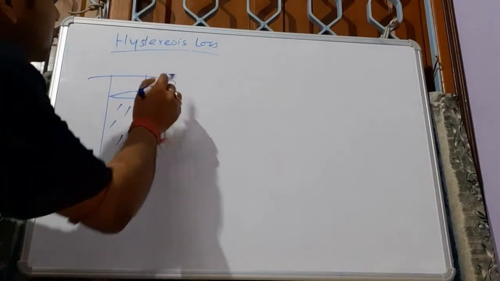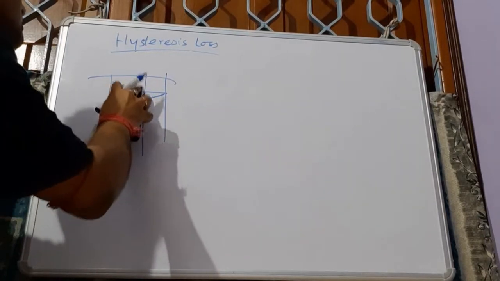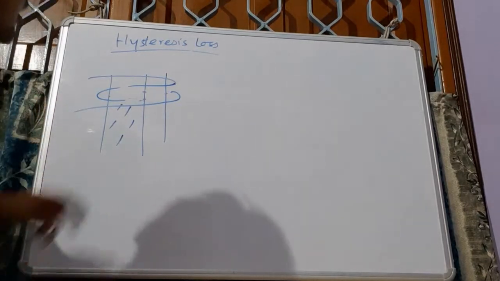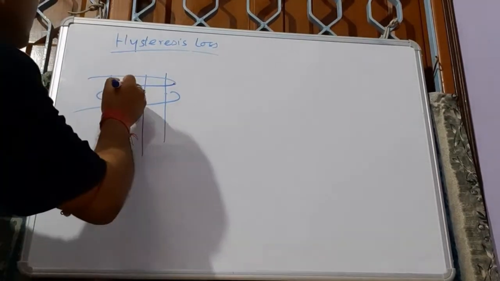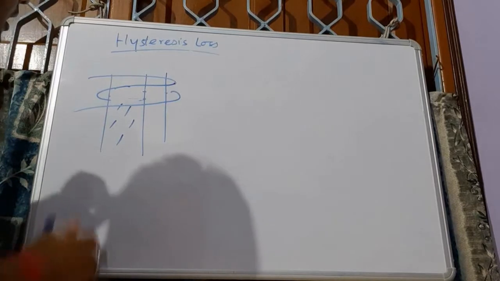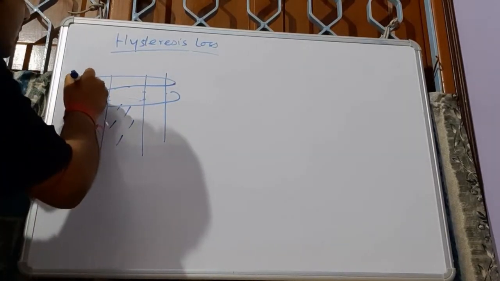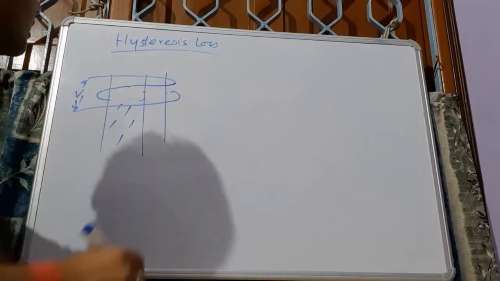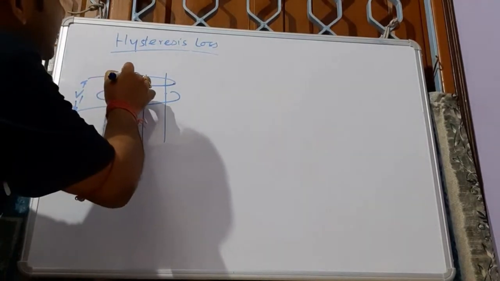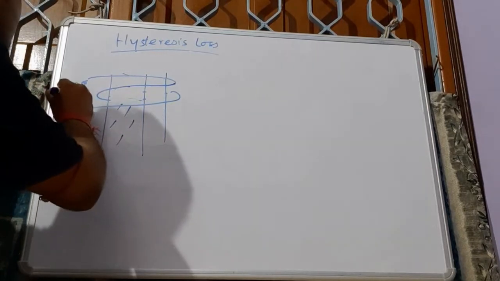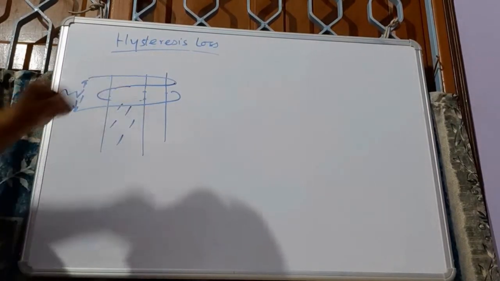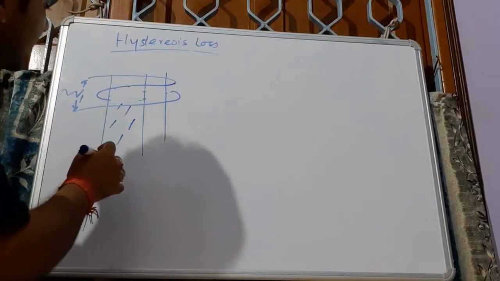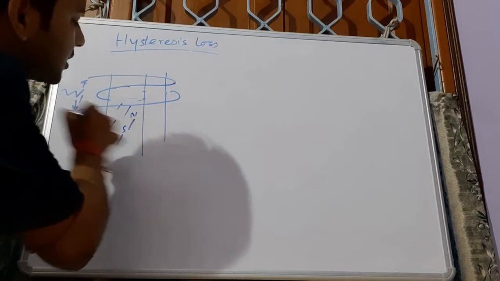And if it is wound by a current-conducting coil and voltage is applied across it, and an AC current flows through it, these tiny magnets get aligned.